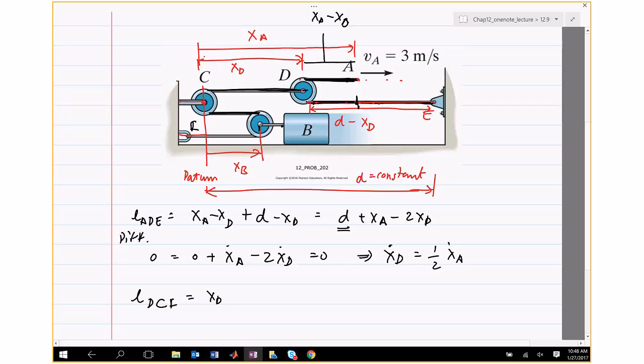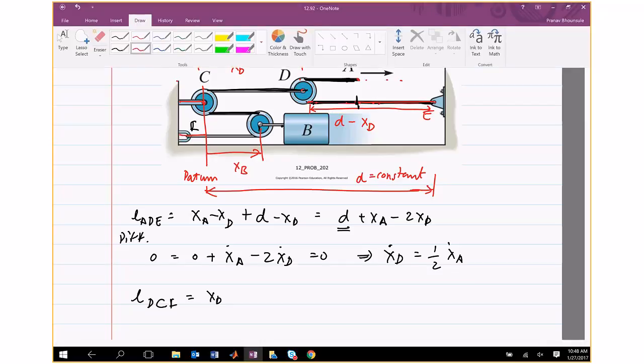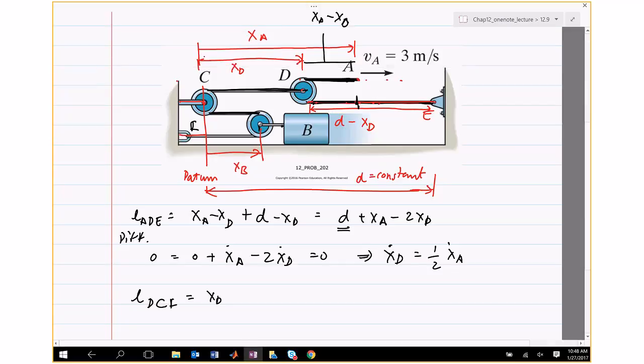So now I think I can write that as, so this distance, Professor, that DCB or DCE? DC, I wrote it as F, DCF. Oh yeah, so that's going to be XD first part. This part is going to be simply XB.